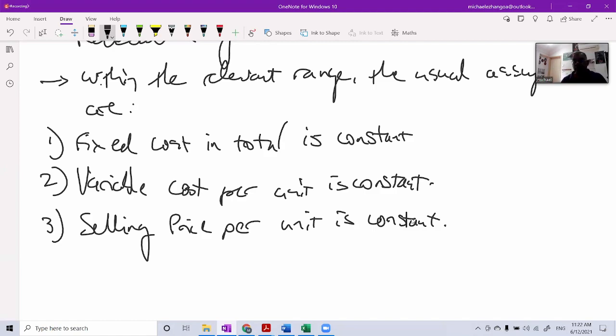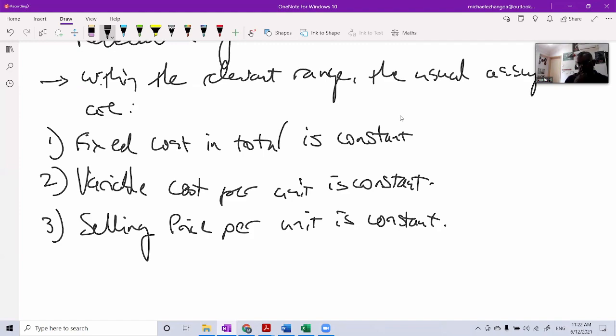Unless the question creates a hypothetical scenario with instructions telling you certain things are changing. But by and large, these are the usual relevant range assumptions. We picked up these assumptions in the topic of cost, volume, profit analysis, but they will also be applied in the context of decision making. So even in decision making, we assume that these assumptions are constant, short term.